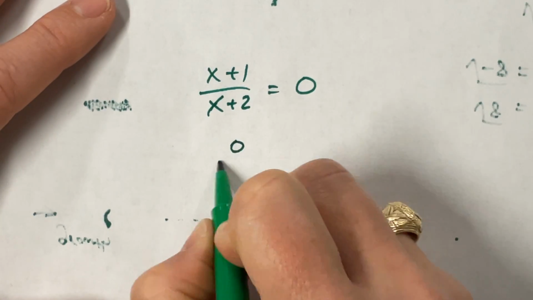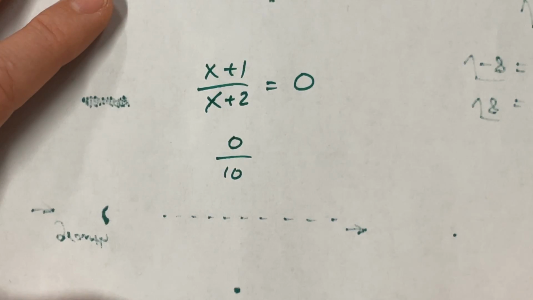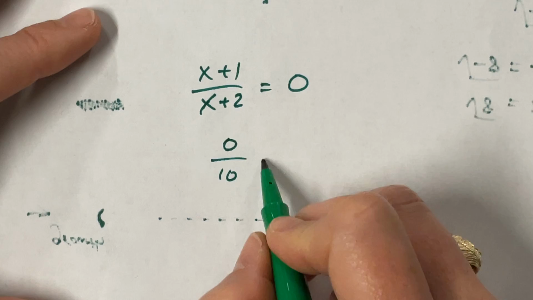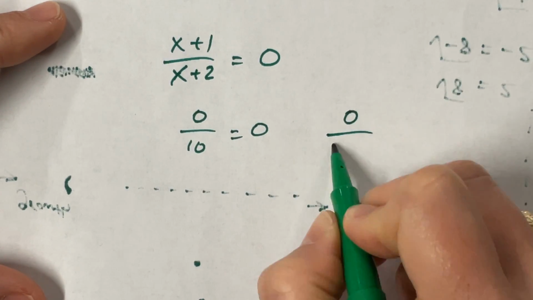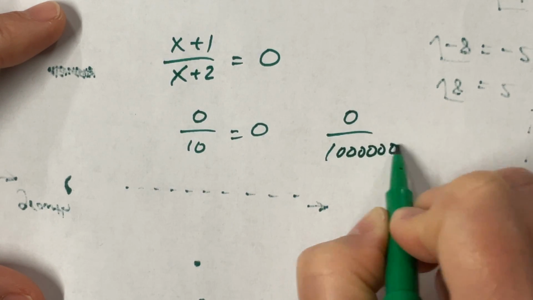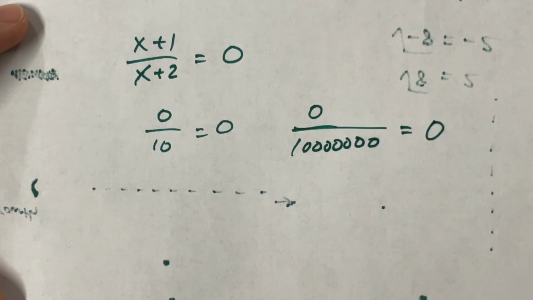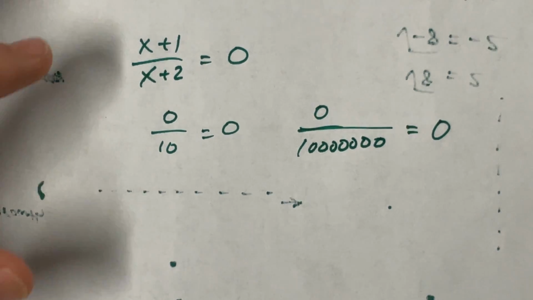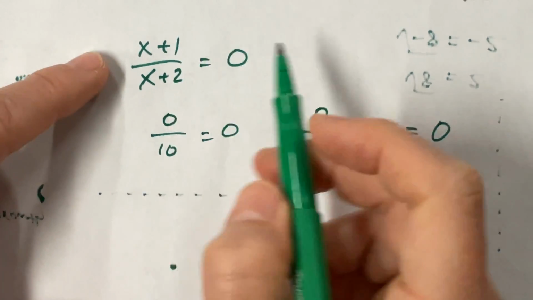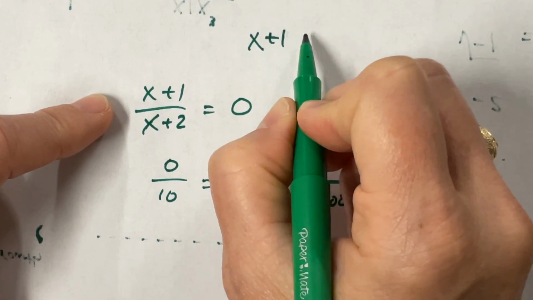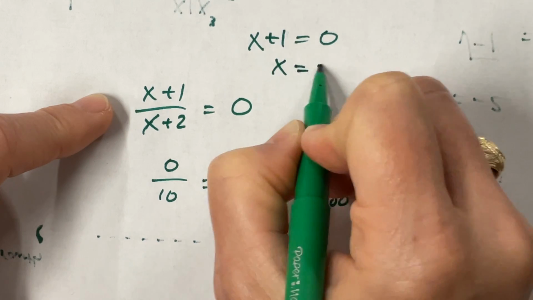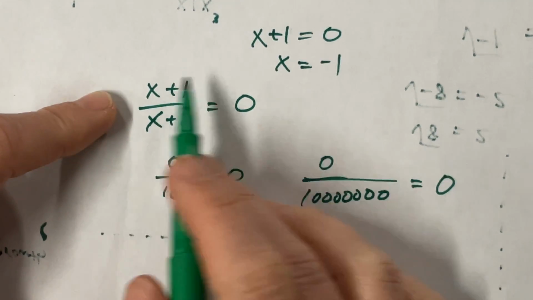Think about it: I have 0 cookies that I'm going to share with 10 people. You get nothing. Even divided by a whole bunch of people, nobody gets anything. And so as long as the numerator is 0, if x plus 1 equals 0, when x is equal to negative 1, this whole thing becomes 0.